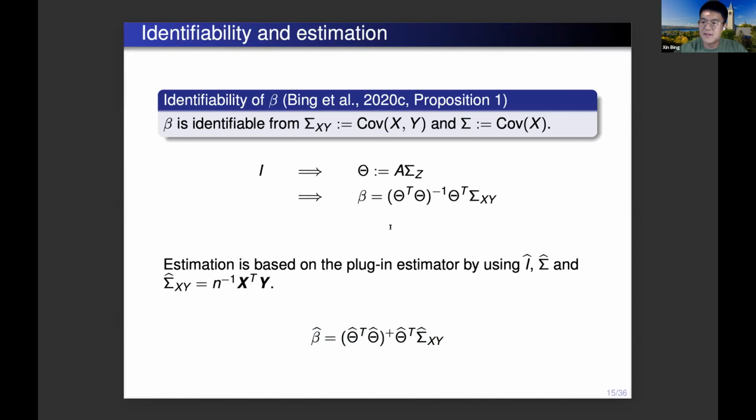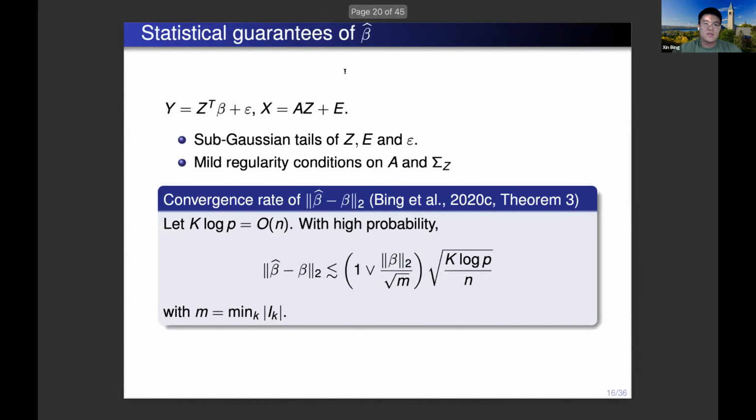So for such an easy estimator, does it have the desired statistical properties? We start with its statistical convergence rate. Under some mild regularity conditions, for instance, sub-Gaussian tails of the random variables and random vectors, we are able to establish the following result.